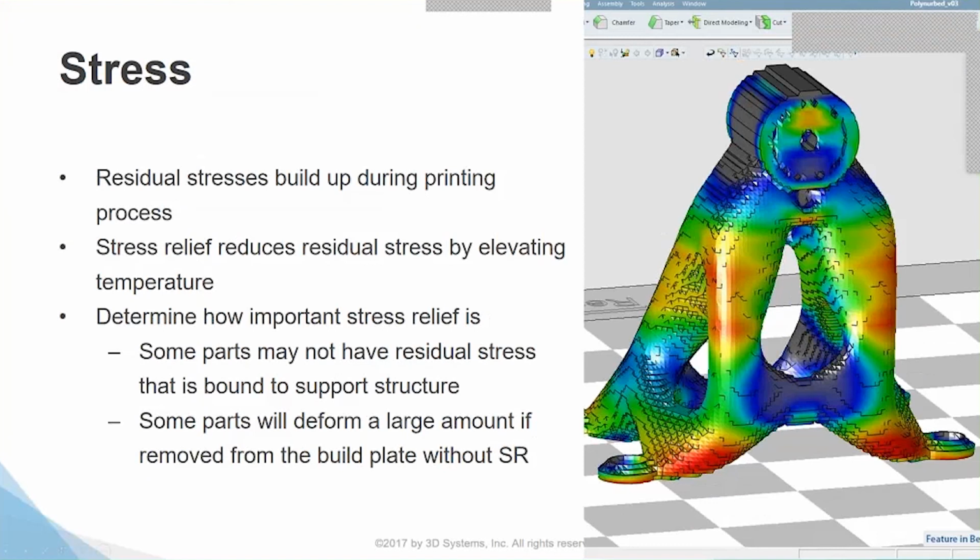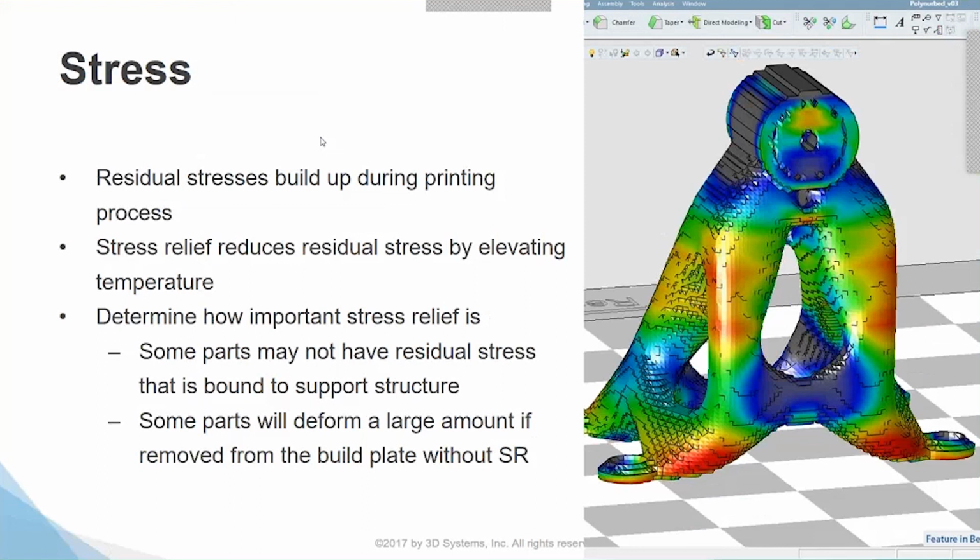Part stress. So this is residual stress buildup. Red is more stress, and gray is very minimal stress. You know, this part where we do have a lot of features coming together up high, we are going to get a lot of stresses. If this part was inverted, we would see a lot less stress.